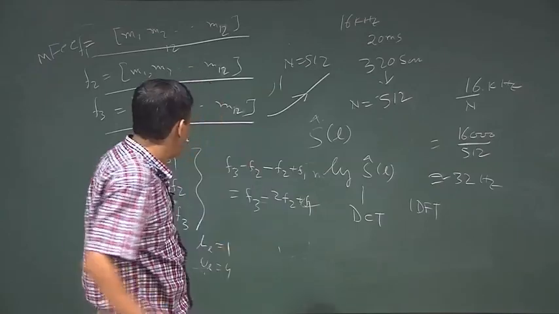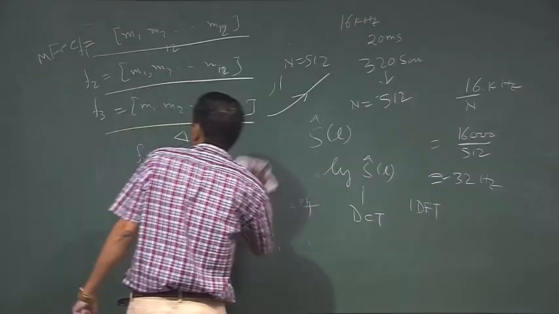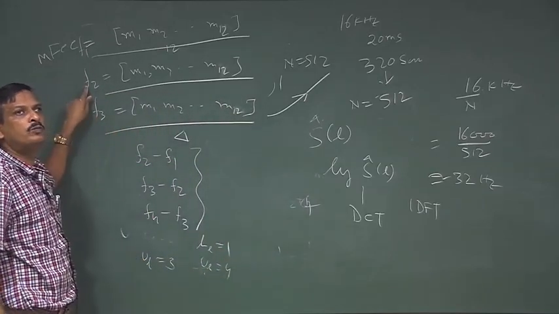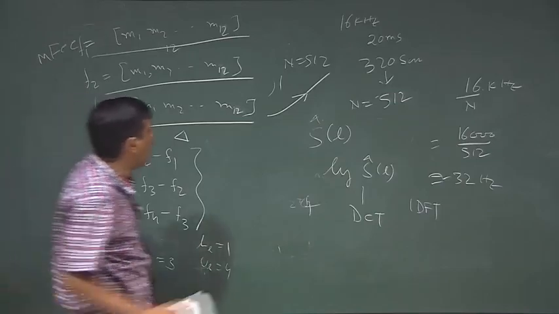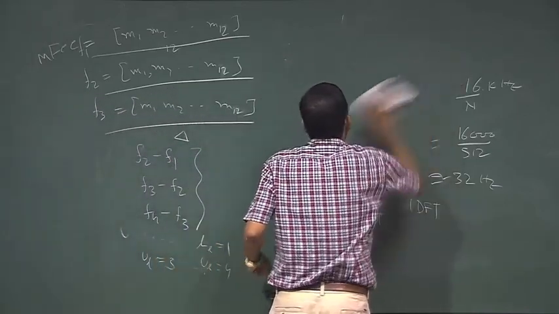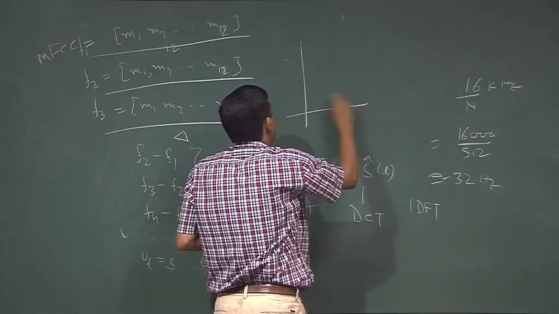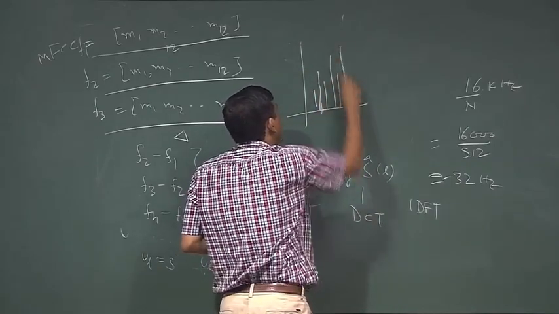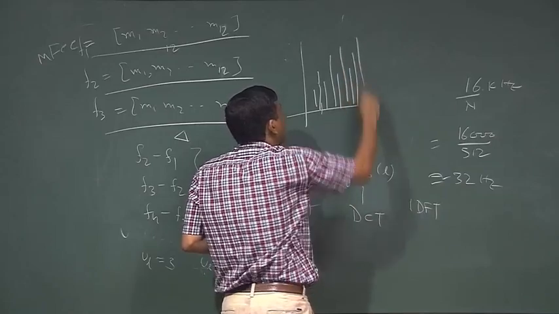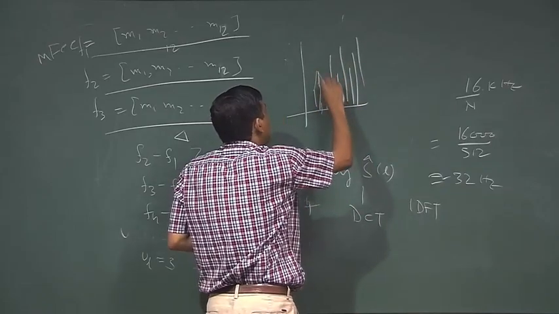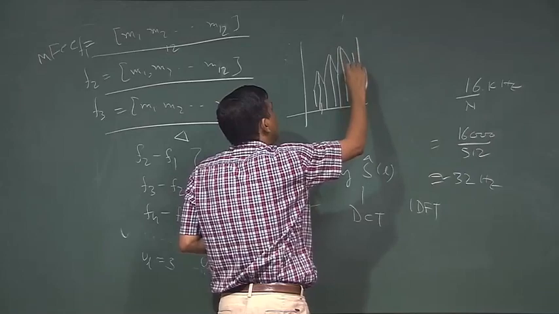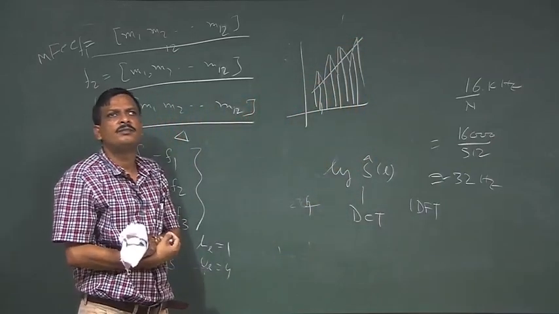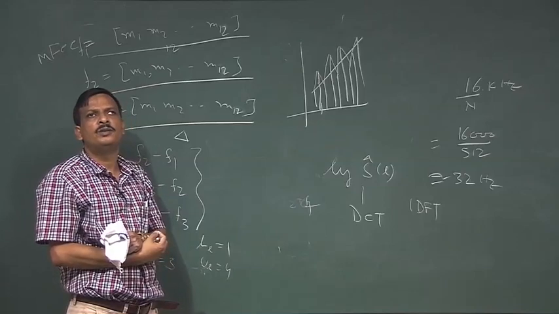Now, if you just differentiate frame 2 minus frame 1 and frame 3 minus frame 2, suppose you have a signal which is randomly varying, meaning the variation is very high. This one, this one, then this one, then this one. So, the variation is very random. If I want smooth variation, what should I do?